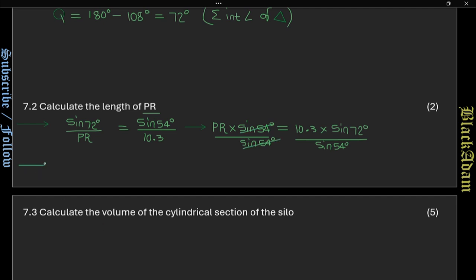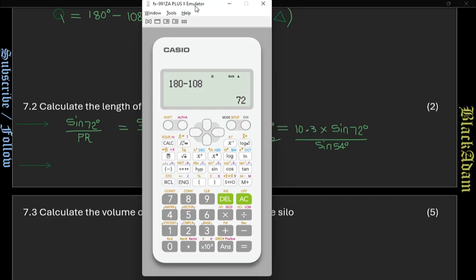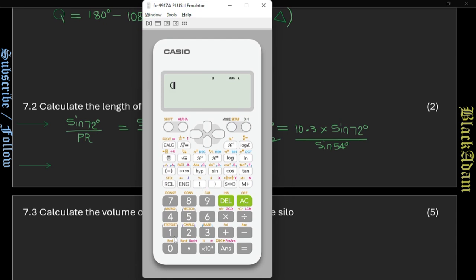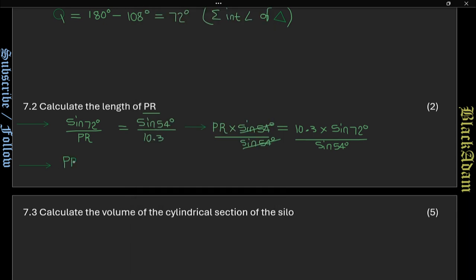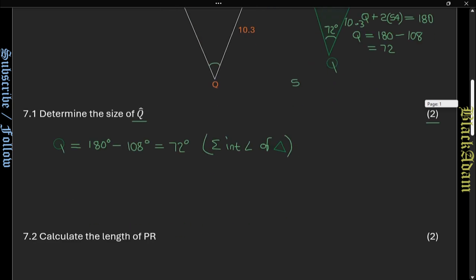So we have 10.3 multiplied by sine 72, all divided by sine 54 degrees. That gives us 12.108, so 12.11. So PR is going to be 12.11 meters. That's the answer for 7.2.